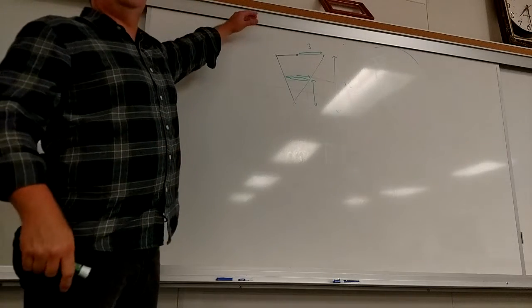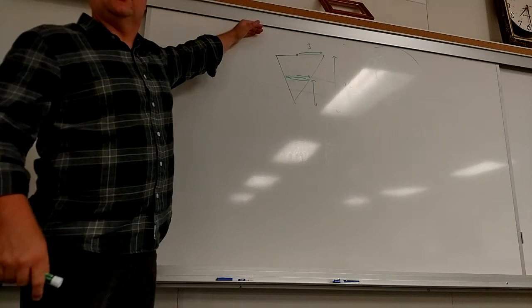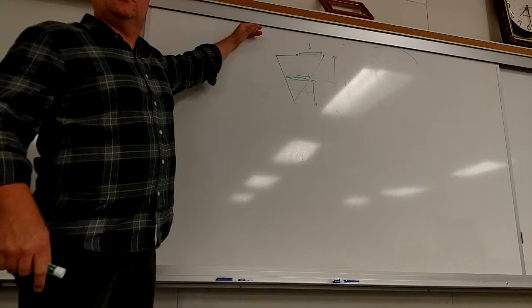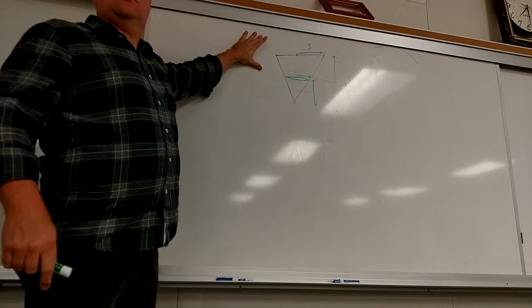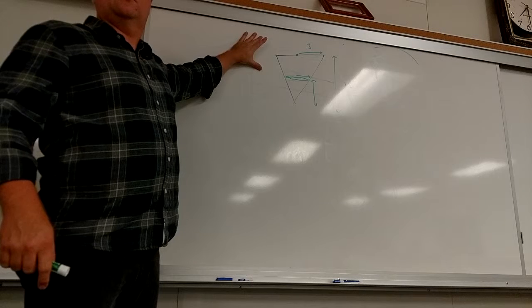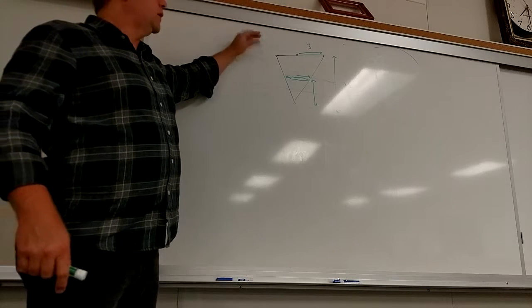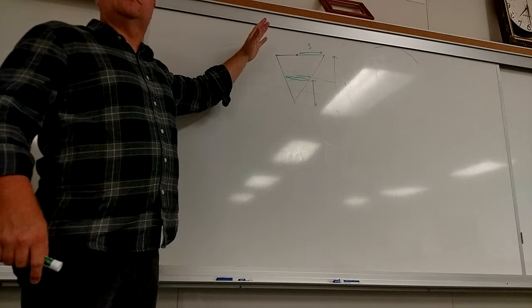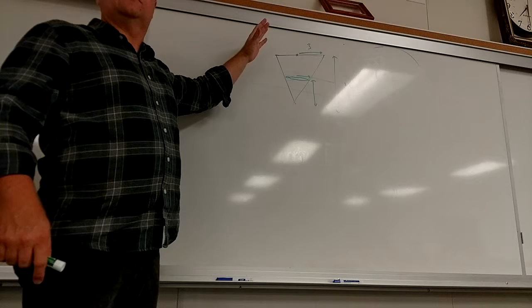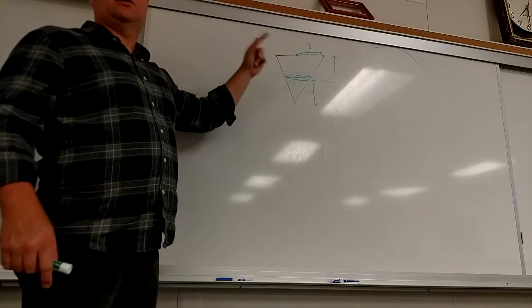So this is the drawing I would use. What variables do you need where? What is it in this picture that's changing?